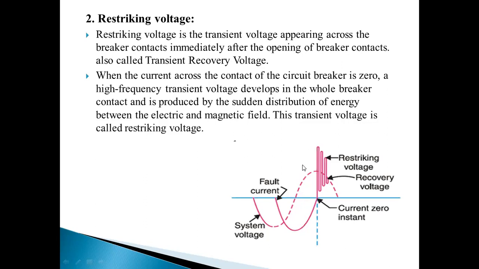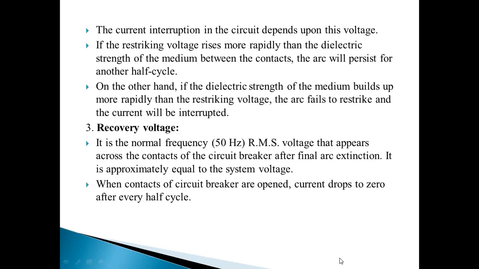And always remember, it is at the current zero instant.